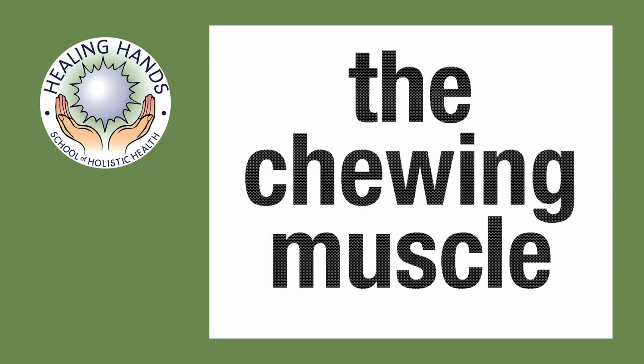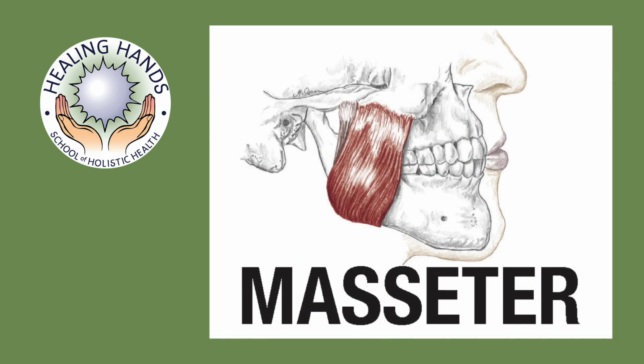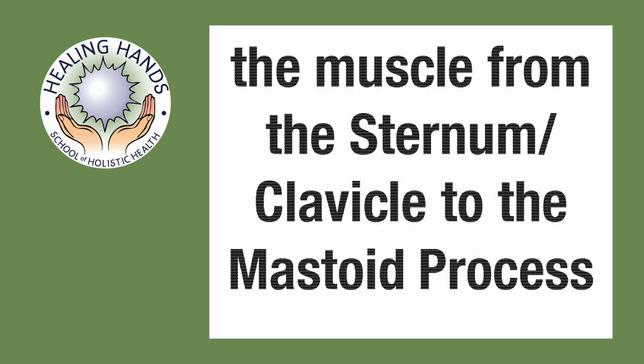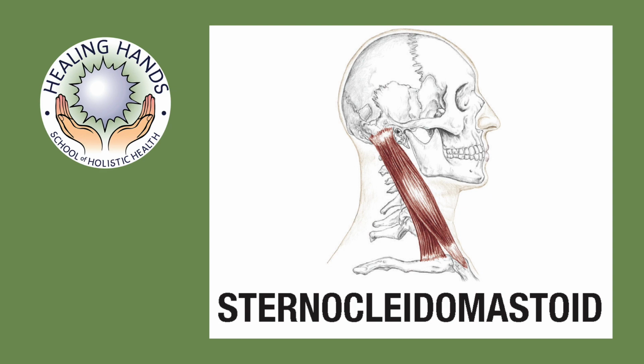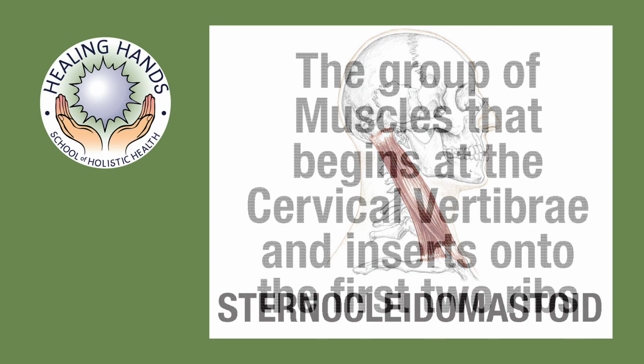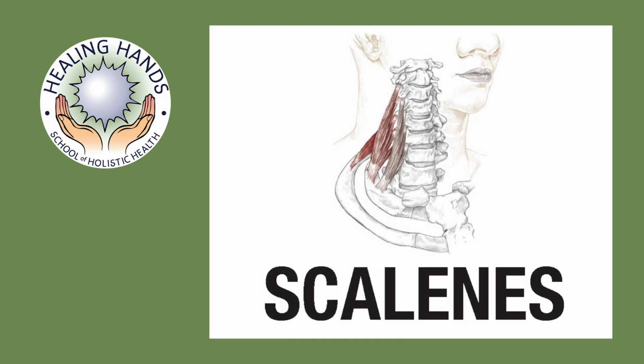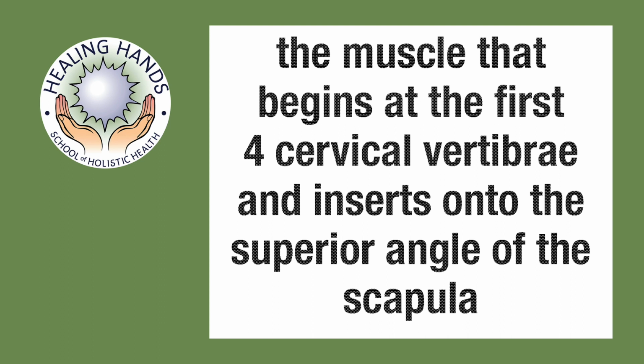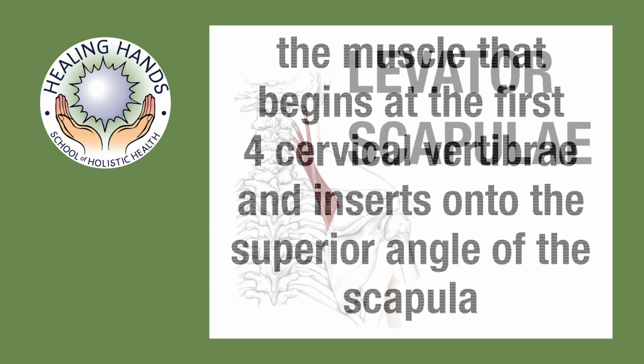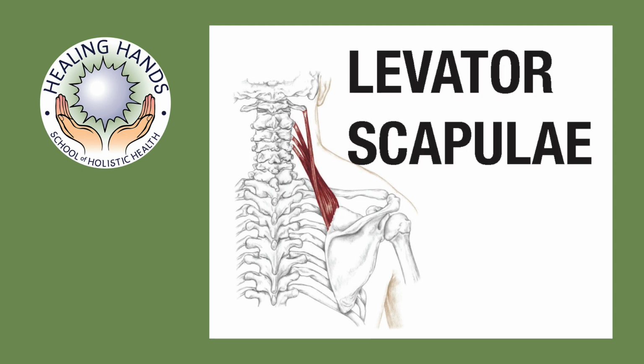The chewing muscle is the masseter. The muscle from the sternum and clavicle to the mastoid process is sternocleidomastoid. The group of muscles that begin at the cervical vertebrae and insert onto the first two ribs are the scalenes. The muscle that begins at the four cervical vertebrae and inserts onto the superior angle of the scapula is levator scapula.